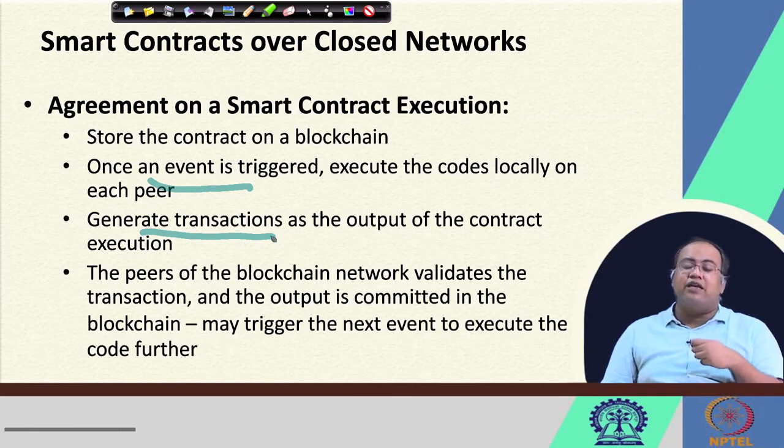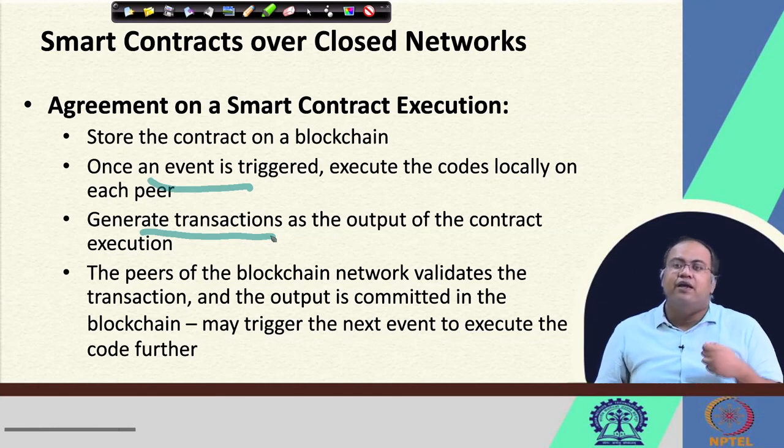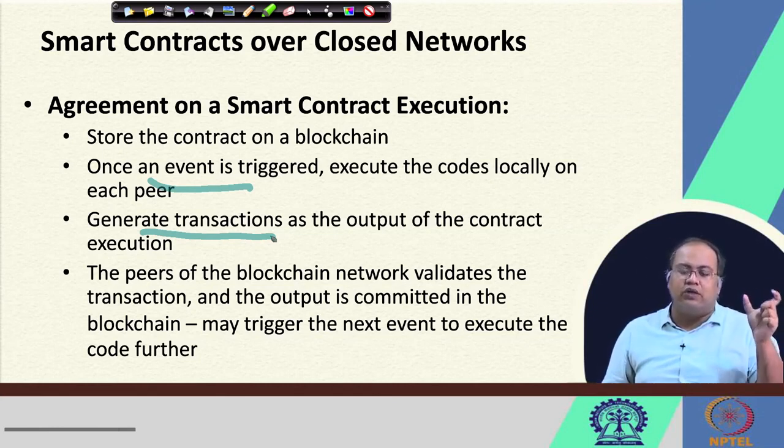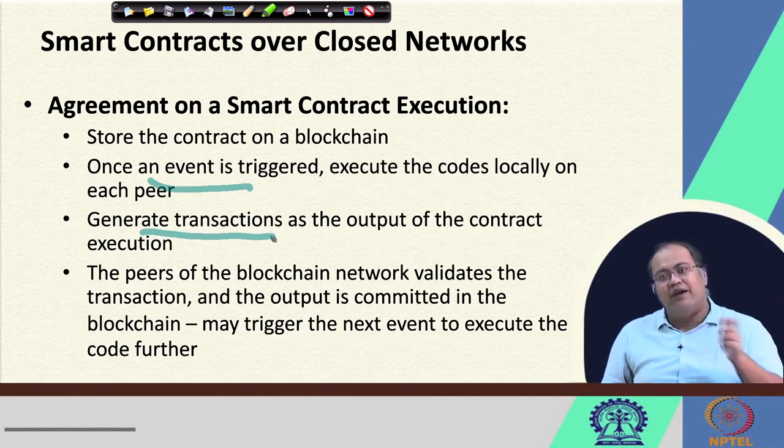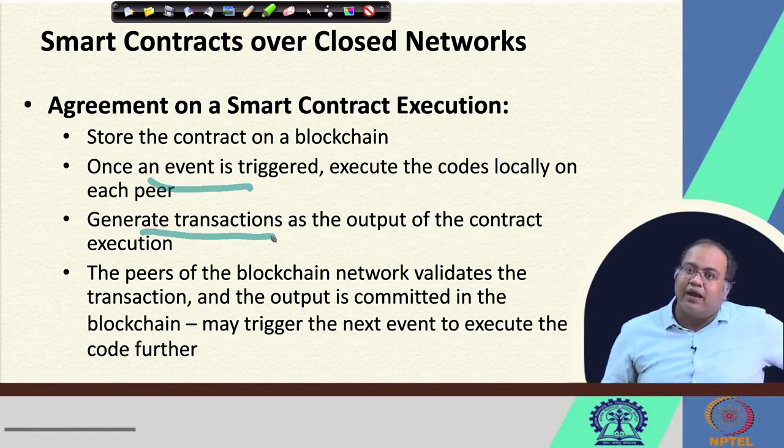That is the event which has happened. Now, when that event has happened, you can generate a transaction saying that 200 tons of potatoes have been transferred from seller A to buyer B. That way you can represent it in the form of a transaction.